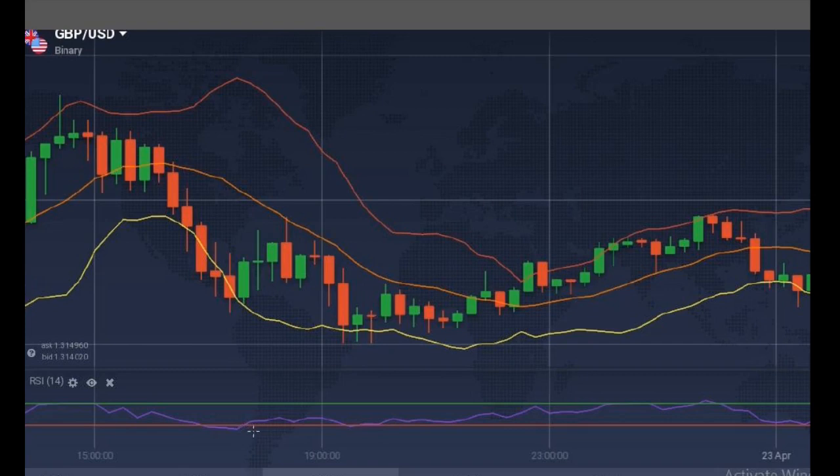As soon as price closes below this level, that's a sign that the price is oversold. So you want to wait for price to cut back into the Bollinger Band.